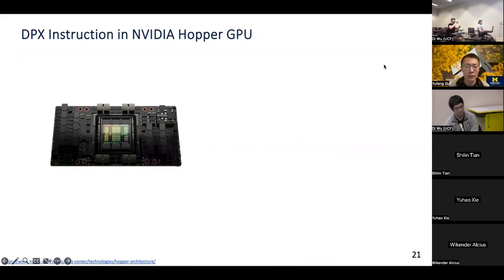Before introducing this work, I want to show that dynamic programming is actually an important algorithm. For example, in NVIDIA's Hopper architecture, they introduced the DPX instruction. It's a kind of domain-specific optimization on the GPU.